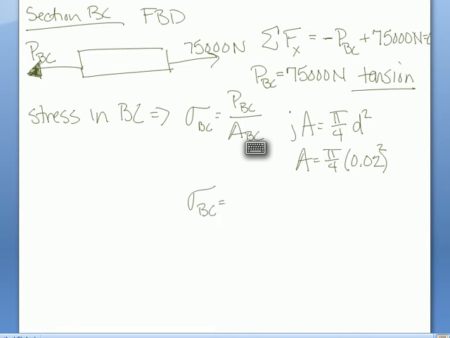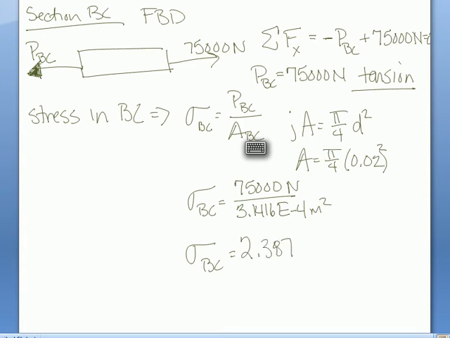So the internal stress, 75,000 divided by the area, and that math ends up being 2.387 times 10 to the 8 Newton per meter squared. Converting to standard metric prefixes, 239 megapascal.